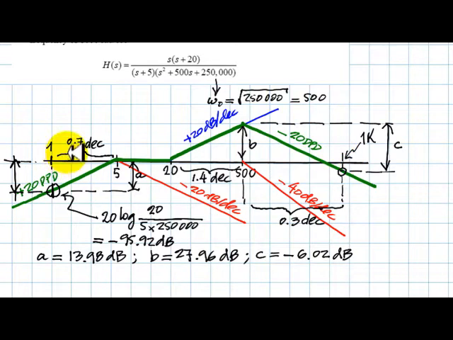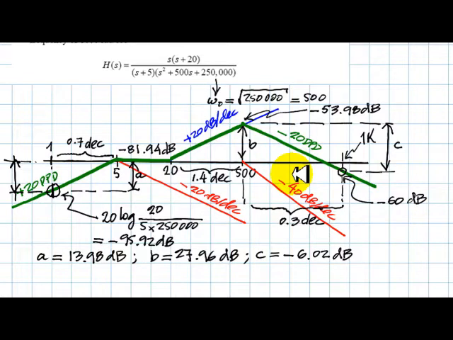Now we have computed them. 0.7 decades from 1 to 5, 1.4 decades from 20 to 500, and 0.3 decades from 500 to 1000 radians per second. With the slopes and those decades and distances, we've computed A, B, and C, the climbs and drops, given down here, the 3 of them. With the value at 1, this one, we can compute all the others.